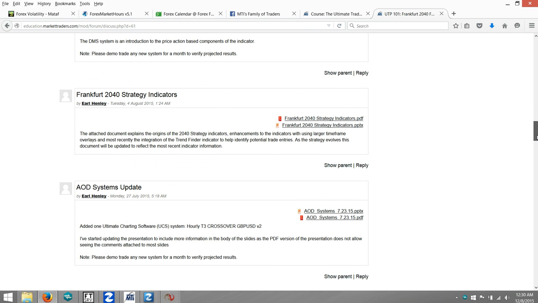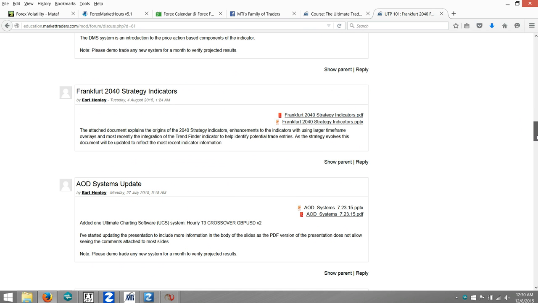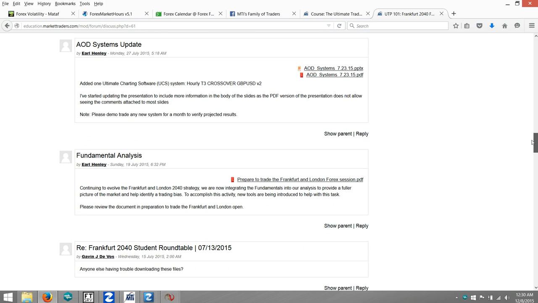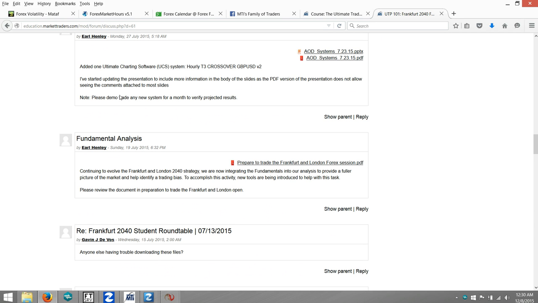Okay, now, attached enhancement, larger time frames. Yeah, here's some more information on the 2040 strategy, trading larger time frames. I trade the 1 hour. That's my bread and butter, the 1 hour, using a small time frame for an entry.